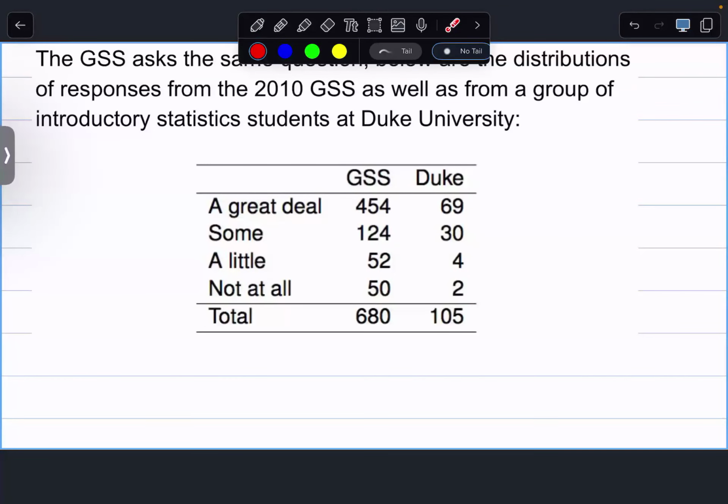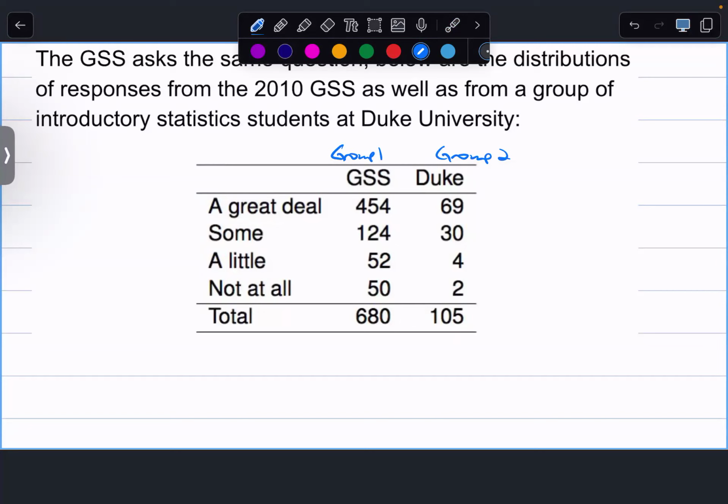So here are the responses, right? We have some count in each category for each group, and then we have a total sample size. If we let this be group 1 and this be group 2, let's start there.